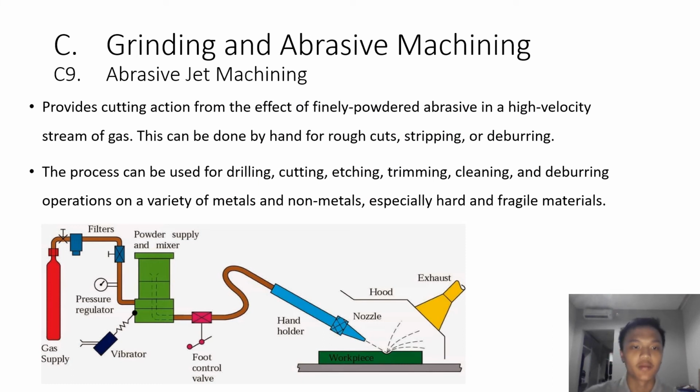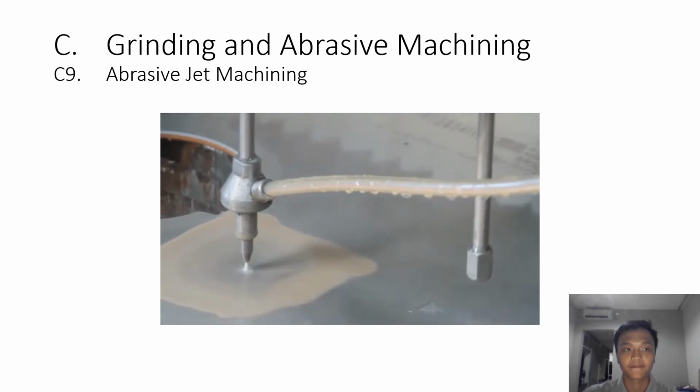We go to the next one, abrasive jet machining. Abrasive jet machining, or AJM, provides cutting action from the effect of finely powdered abrasive in a high velocity stream of gas. This can be done by hand for rough cuts, stripping, or deburring. The process can be used for drilling, cutting, etching, trimming, cleaning, and deburring operations on a variety of metals and non-metals, especially hard and fragile materials.